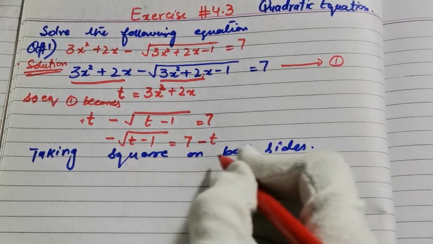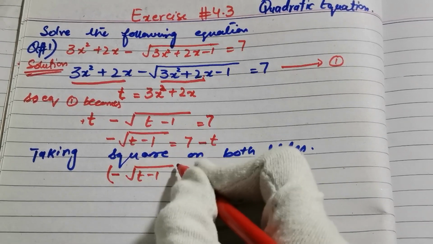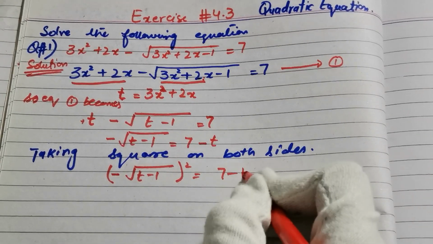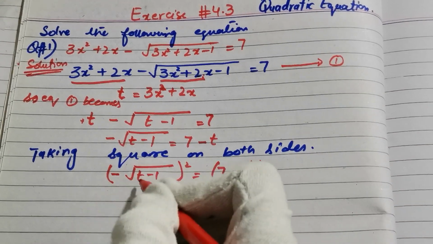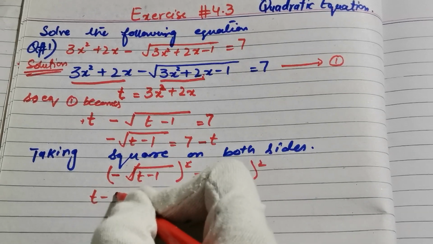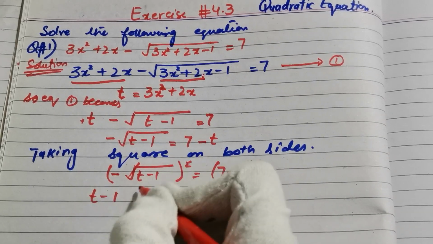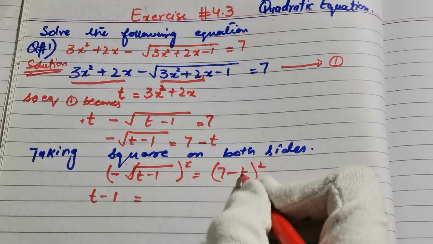So now taking square on both sides: (−√(t − 1))² = (7 − t)². Minus square is positive, and the square and under root cancel, what is left? t − 1, and minus becomes positive, equals (7 − t)².